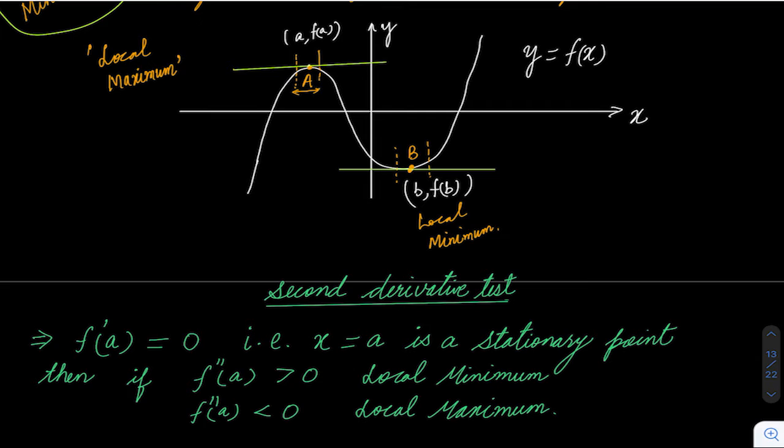Now consider a point to the left of A. You can take it anywhere to the left of A. If you draw a tangent there, you can see that the gradient of the tangent is positive.